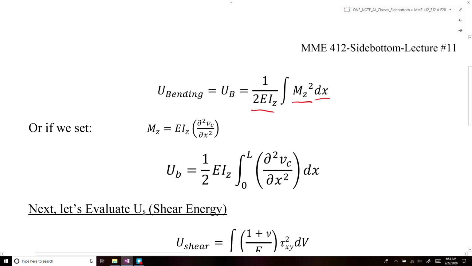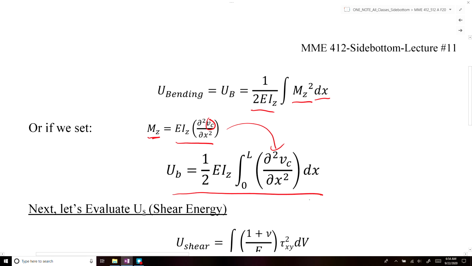We can make the substitution that the moment as a function of z is equal to E Iz times the second derivative of the displacement of the centroid of our beam, vc as a function of x, with respect to x squared. If we make that substitution here, we can rewrite the bending strain energy in terms of this case.